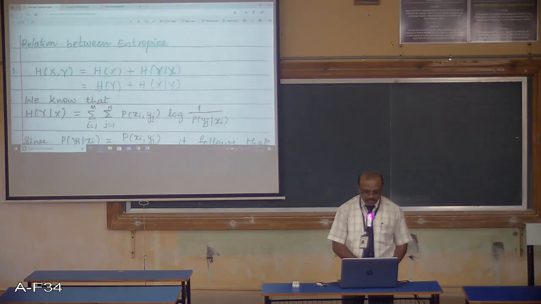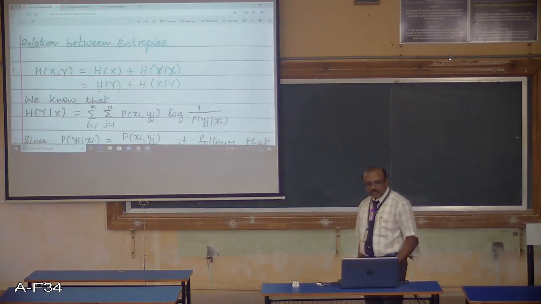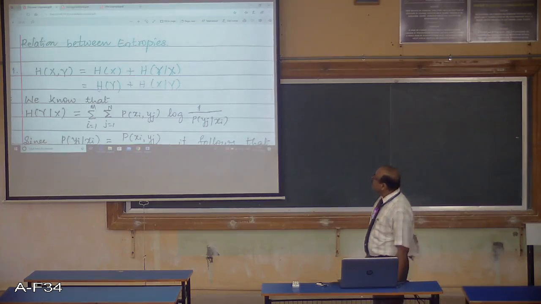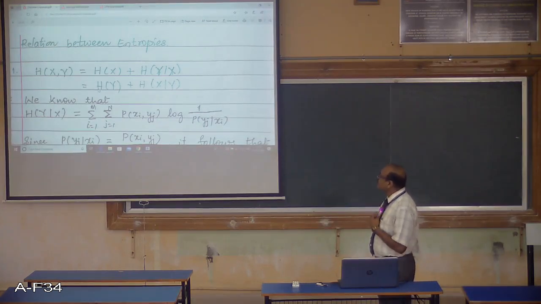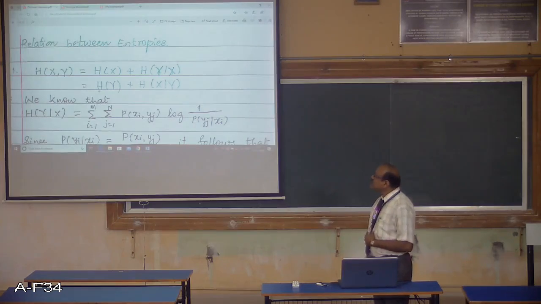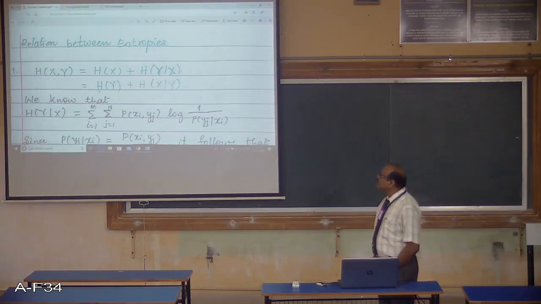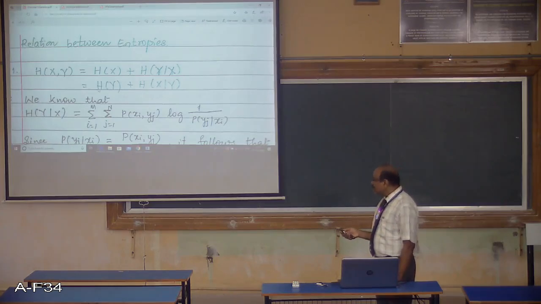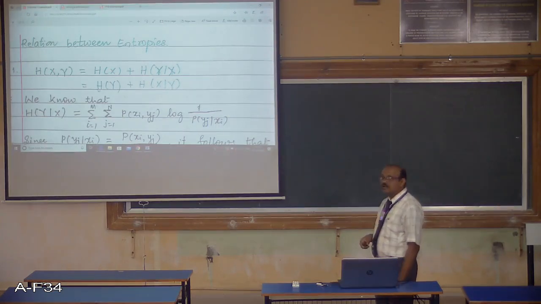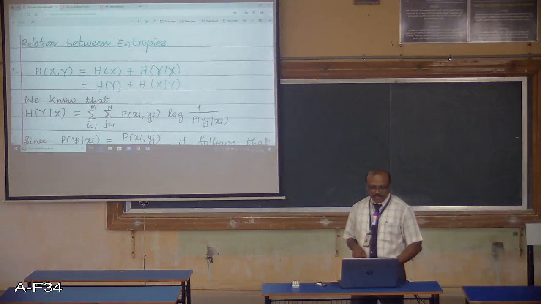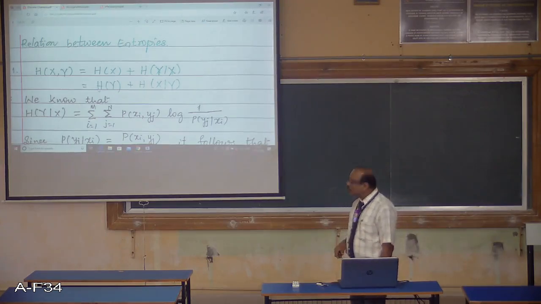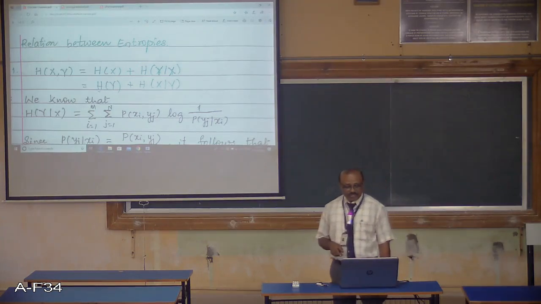In continuation with entropy functions, let us study the relation between the various entropy functions. There are two important relations between these four entropy functions. One is that the joint entropy is related to the entropy of the source and the conditional entropy: H(X,Y) is equal to H(X) plus H(Y given X). Equivalently, it is also equal to the entropy of the receiver H(Y) plus the conditional entropy H(X given Y).